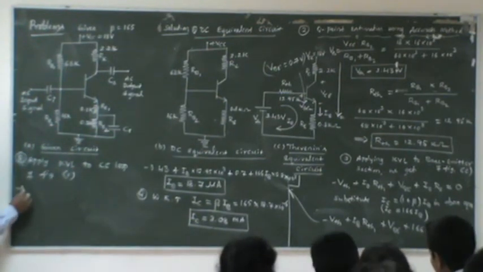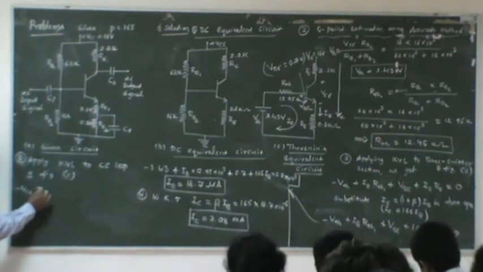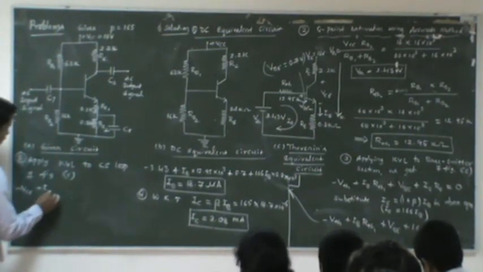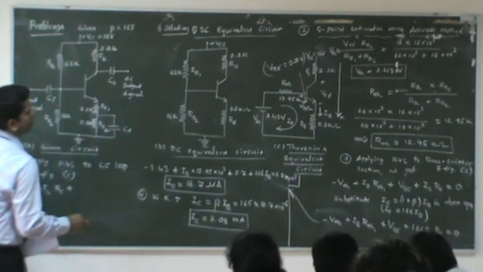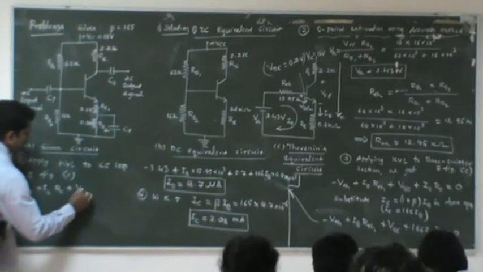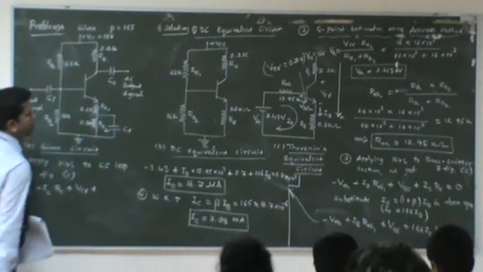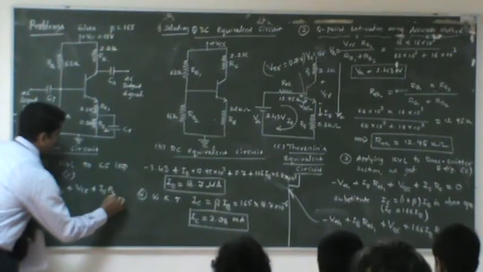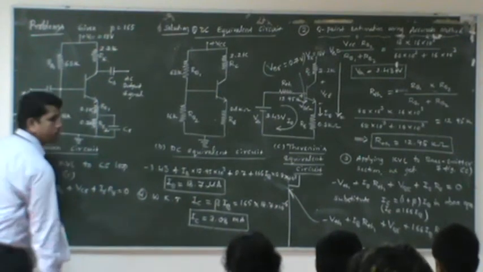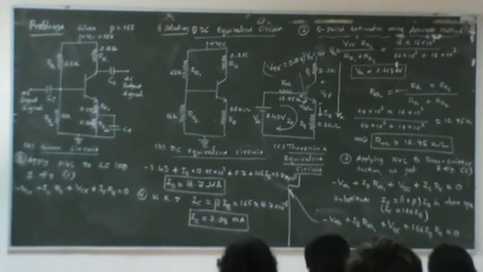Minus VCC plus IC times RC plus VCE plus IE times RE, which is equal to zero. Find out VCE from this.